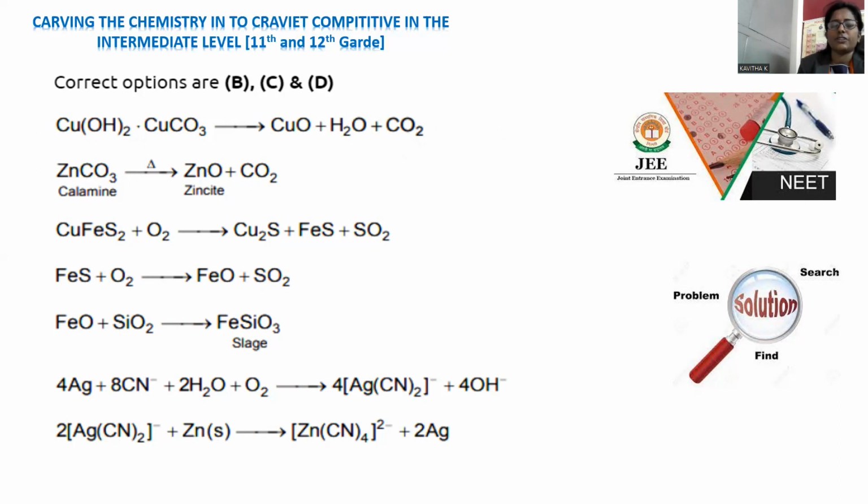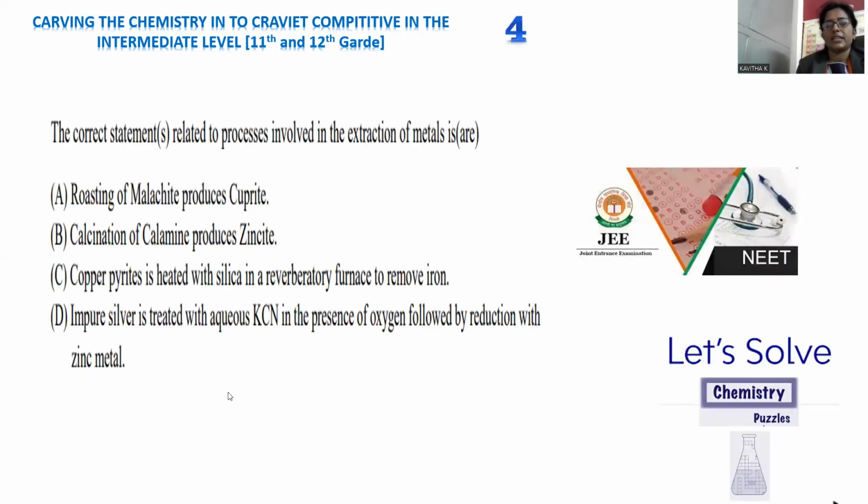What is the nature of metallic zinc? A reducing agent. Silver existing in the +1 oxidation state is turned into silver metal, and zinc is converted into the zinc tetranitrile anion. This is the extraction of metal by treating with potassium nitrile and subsequently zinc metal. Whatever they said is exactly correct.